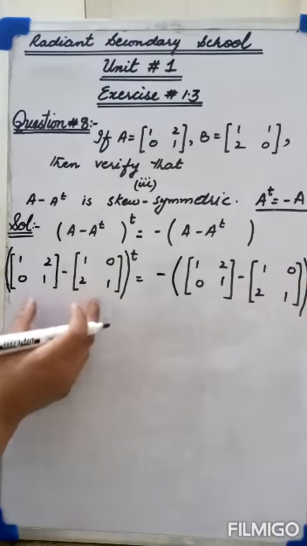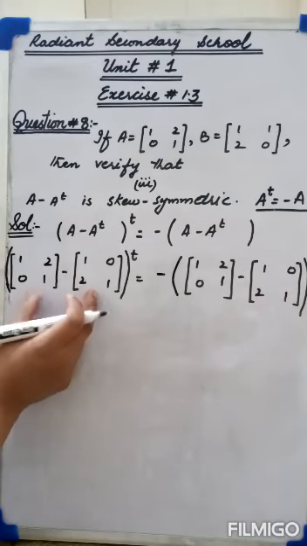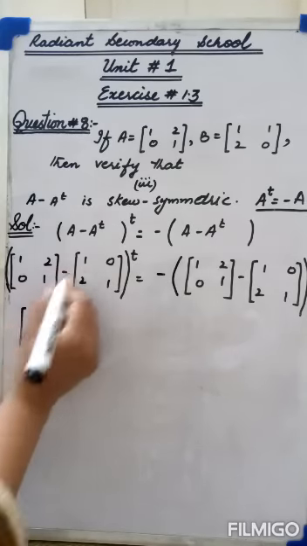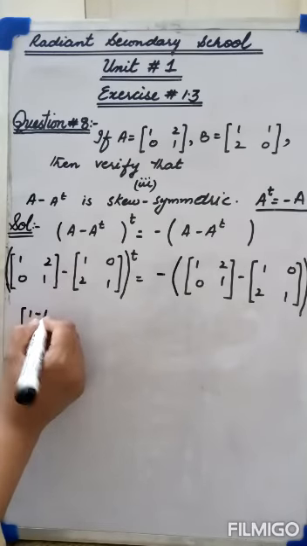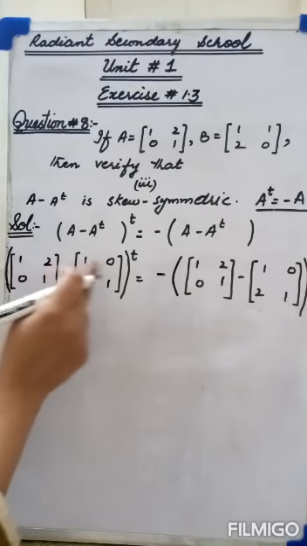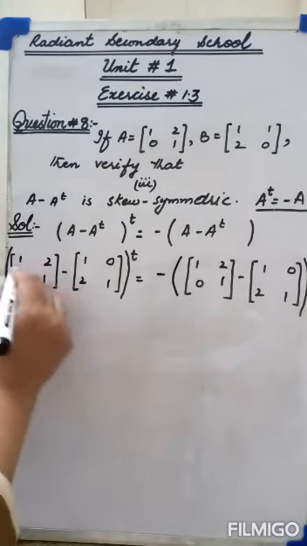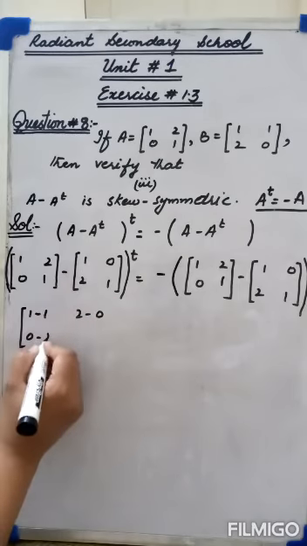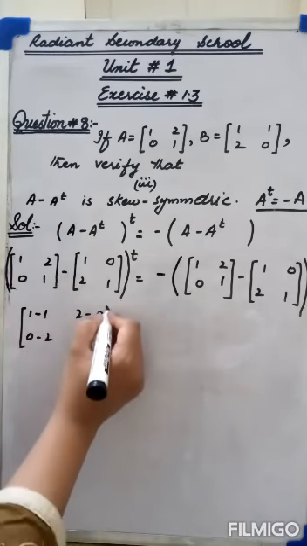Okay, on this side, firstly we have to subtract them, then we will take their transpose. For the subtraction we have to subtract the corresponding entries: 1 minus 1, 2 minus 0, 0 minus 2 and 1 minus 1.